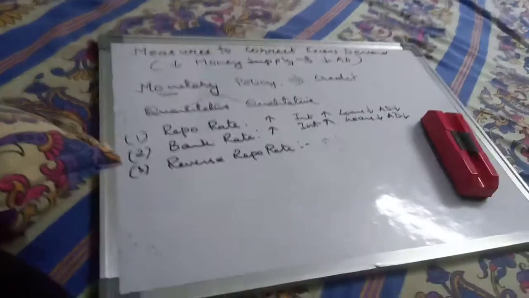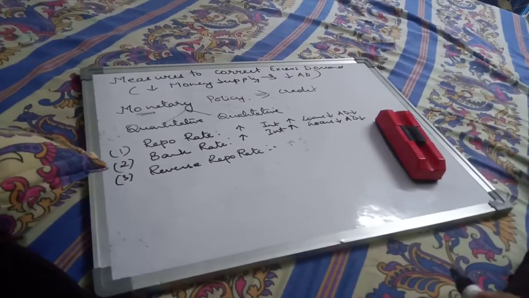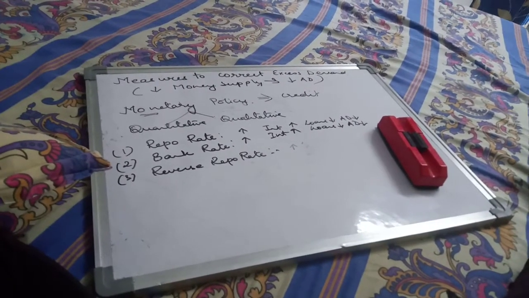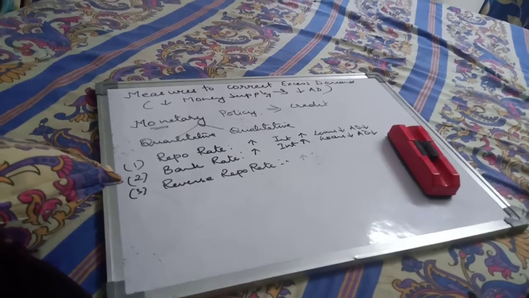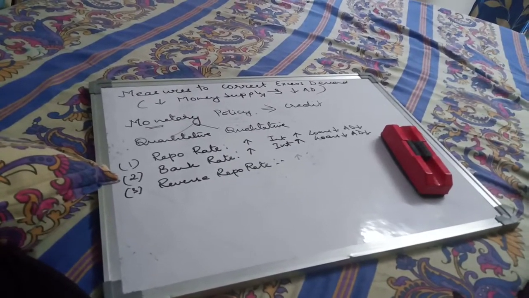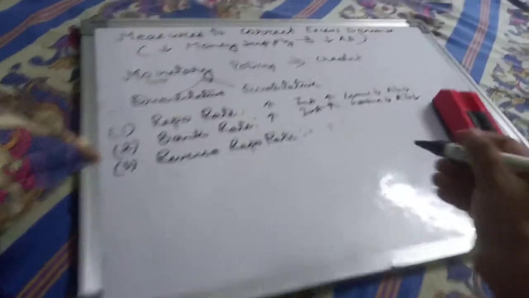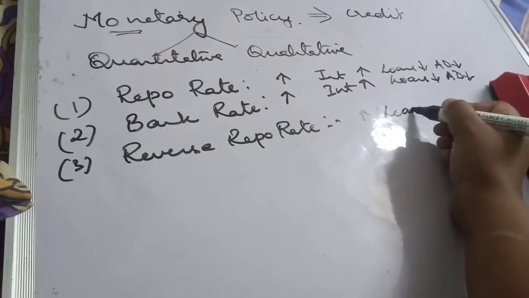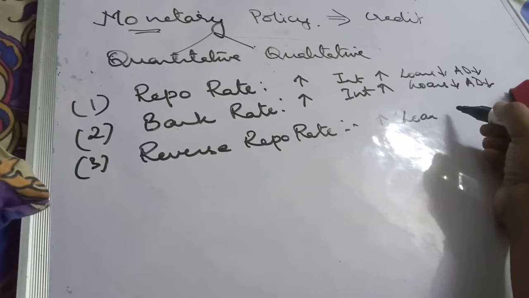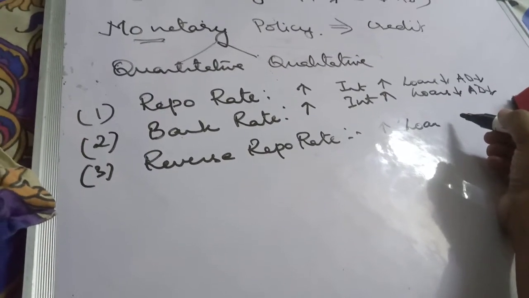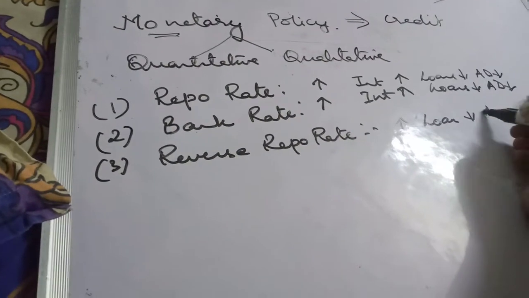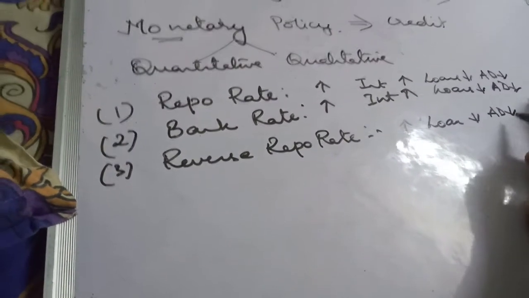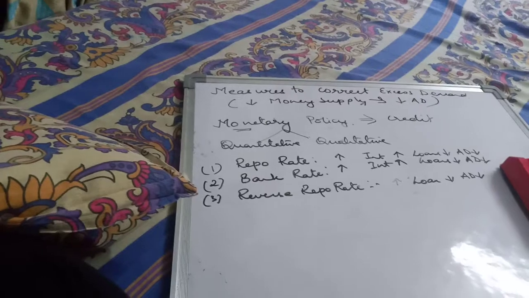So the commercial banks are keen to keep their deposits in the central bank rather than giving it as loan. When the reverse repo rate is increased, their inclination to give loans reduces. When the loans reduce, the effective demand will reduce, and hence the corrective action is done.